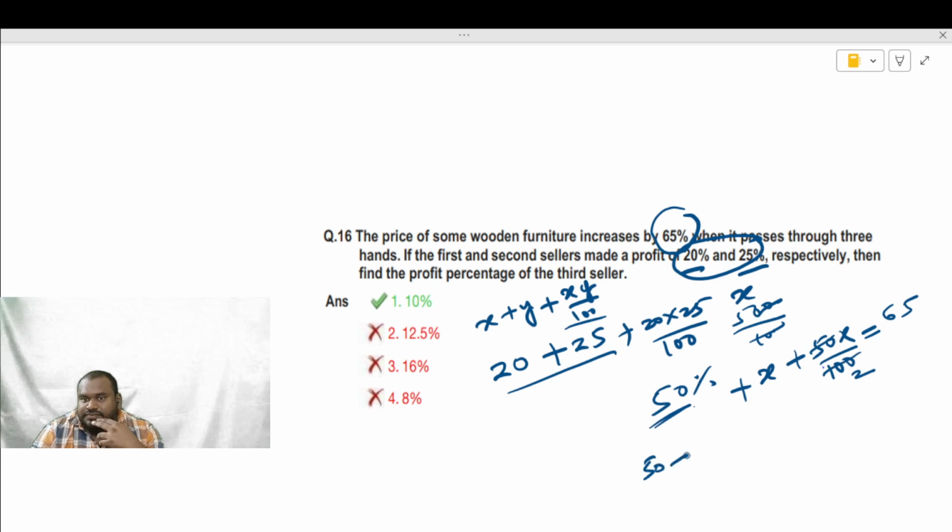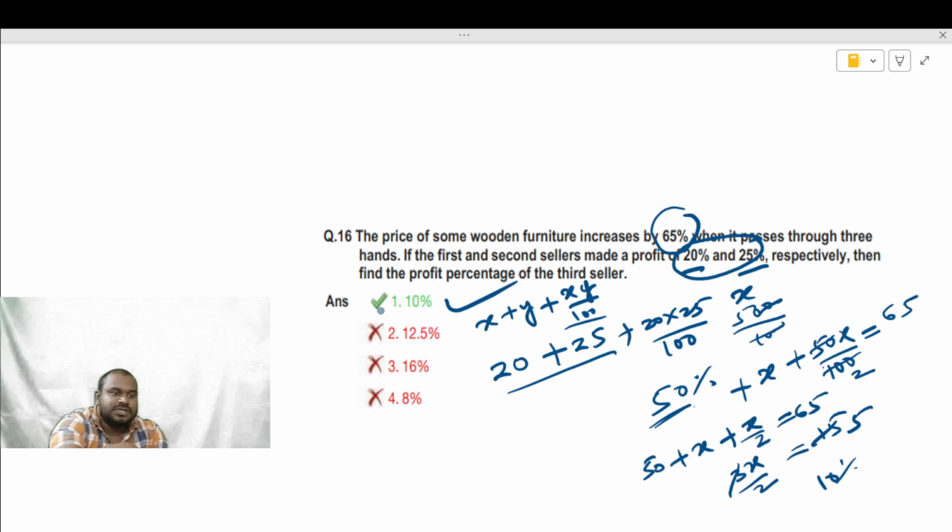So 50 plus X plus X by 2 is equal to 65. So 65 minus 50 is 15. Here X by 2 plus X means 3X by 2. So 3 fives are 15, and 2 into 5 is 10%. That's what we got. So you should be careful.